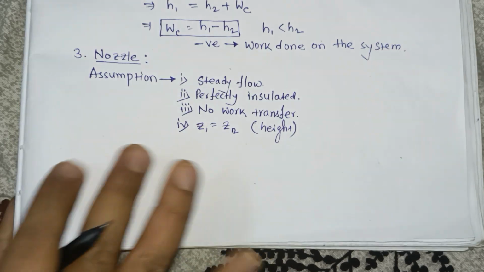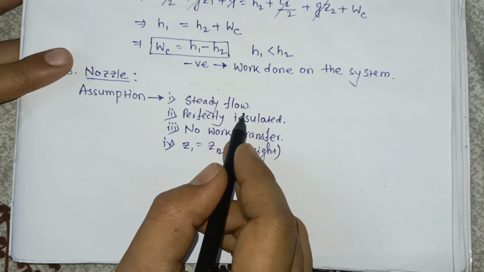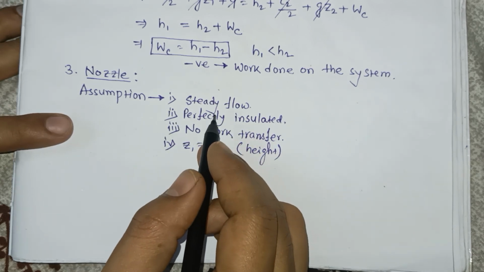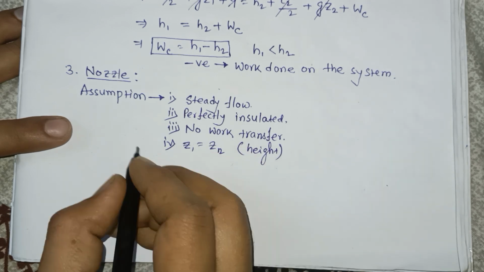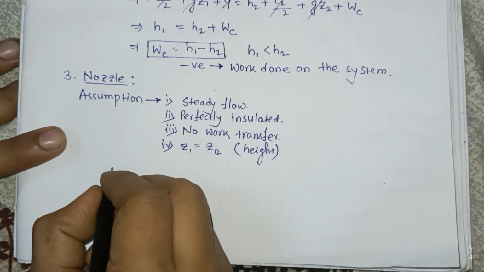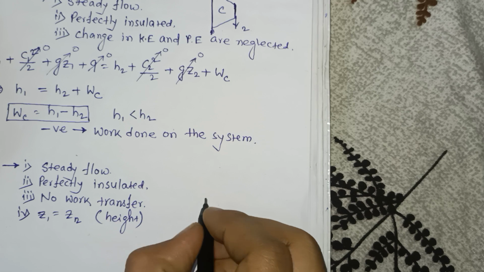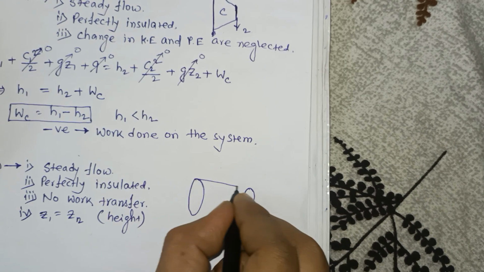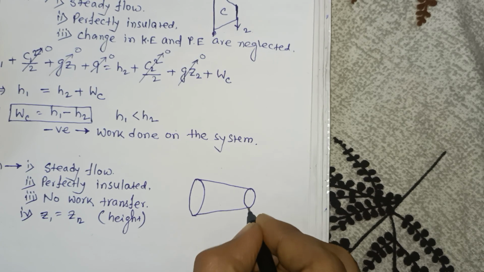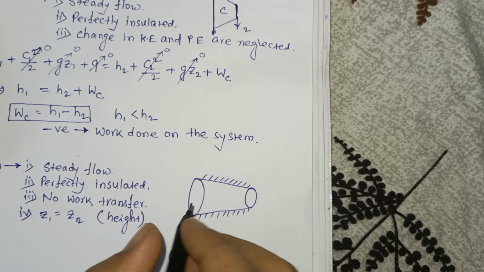So now apply the steady flow energy equation, because this is a steady flow nozzle. Steady flow means there is no accumulation of mass or energy inside the control volume. Suppose this is our nozzle, and perfectly insulated means there is no heat transfer from this surface.